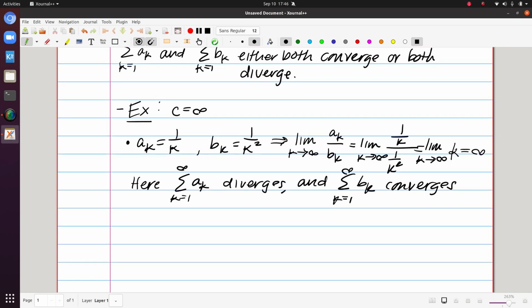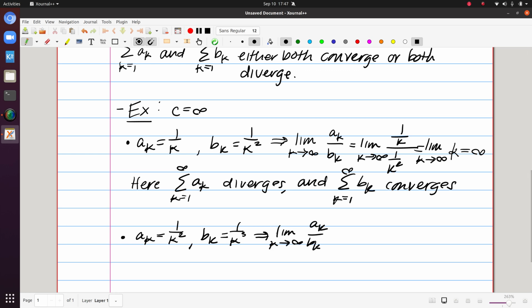However, we can look at a sub k equals 1 over k squared, b sub k equals 1 over k cubed. And we're going to see the same thing happens here.